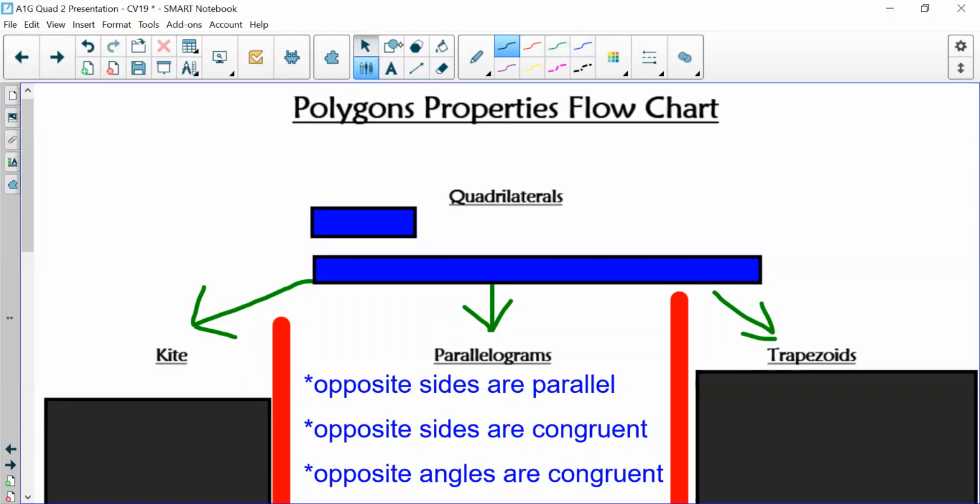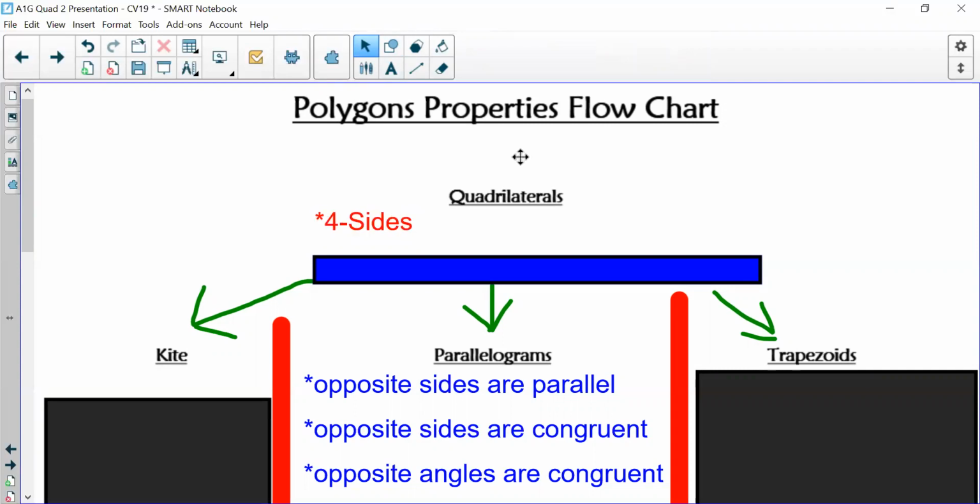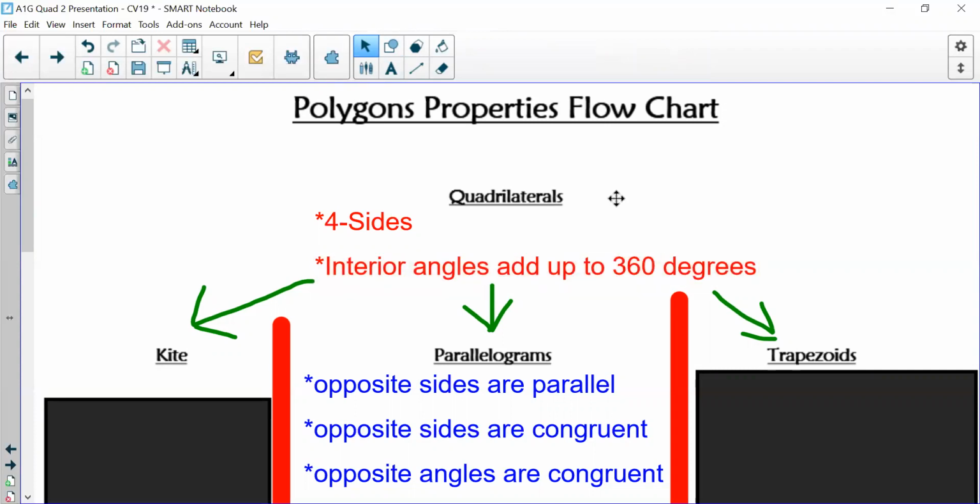And what all quadrilaterals have in common are two main things. First, all quadrilaterals have 4 sides. And the second is that the interior angles of any quadrilateral add up to be 360 degrees.